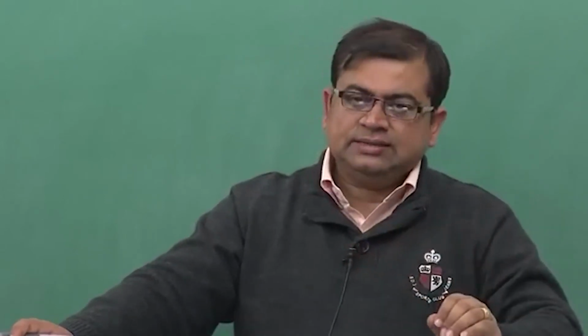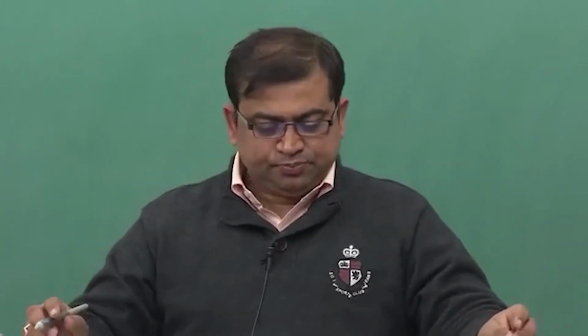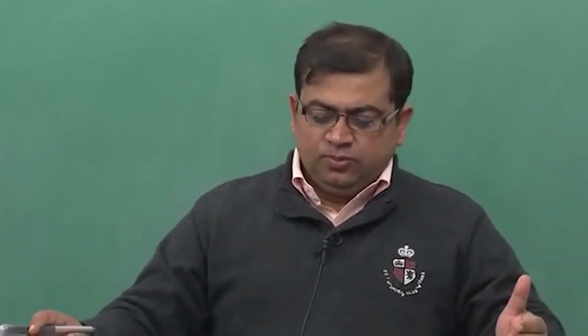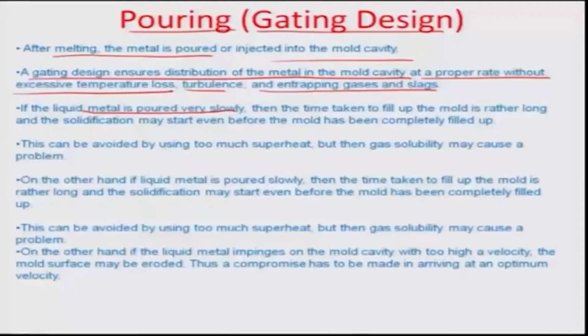So, it is essentially a piping based network which would allow the liquid metal to go into the mold cavity. So, there are many issues here. One is obviously the gas solubility, because if I superheat the material too much, there may be a problem of gas solubility, because it may cause an overall faulty metal structure. So, even that is not allowed.